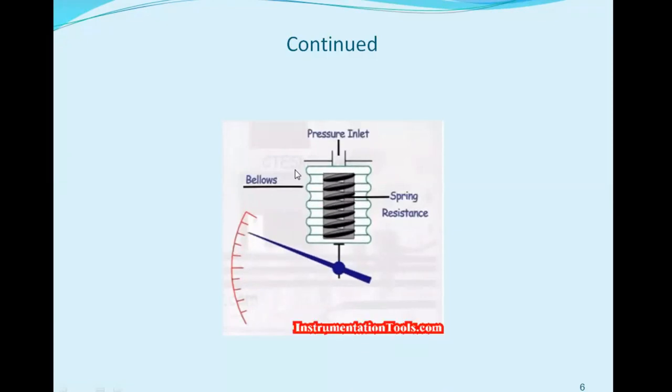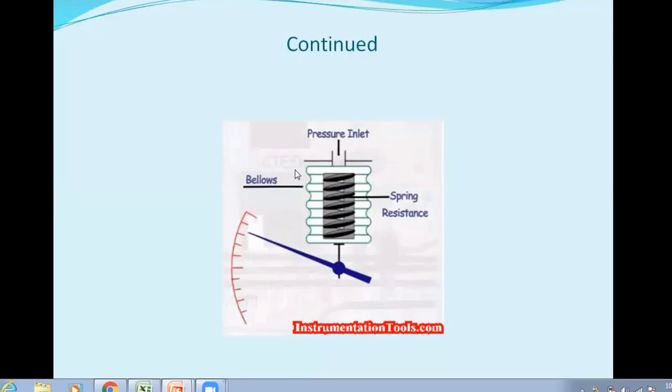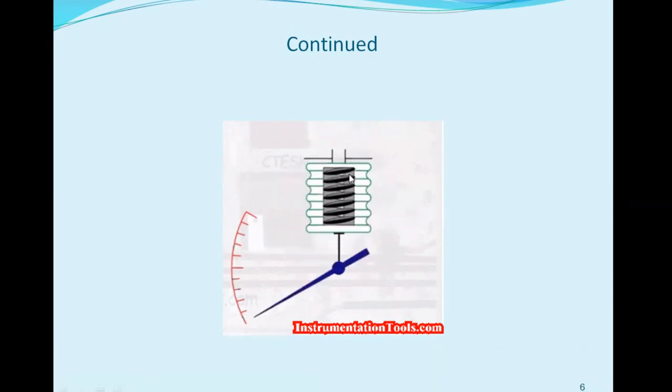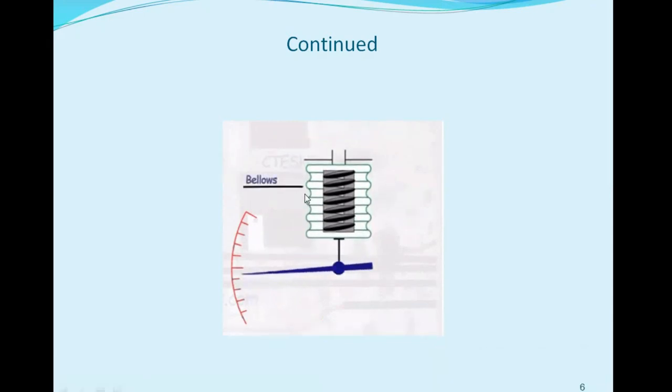Accordingly, we can get a displacement of maybe up to 10 millimeters. Suppose we use more than 5 folds, like 10 convolutions, then we will get a displacement of more than 15, like 20 or 25 millimeters. So displacement basically depends on the number of convolutions.